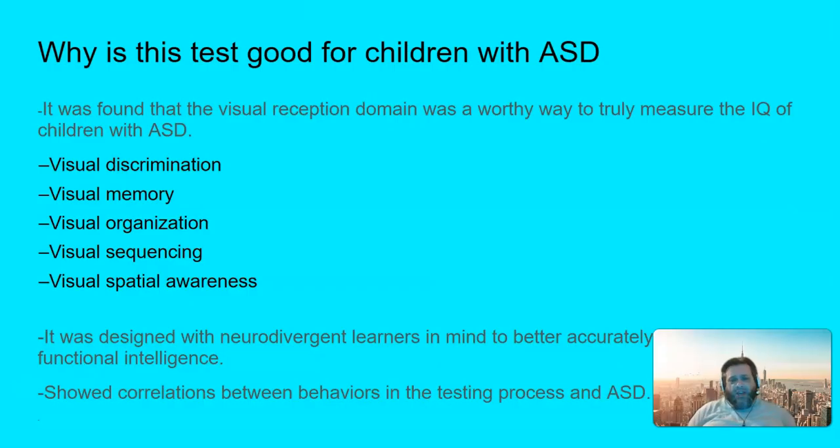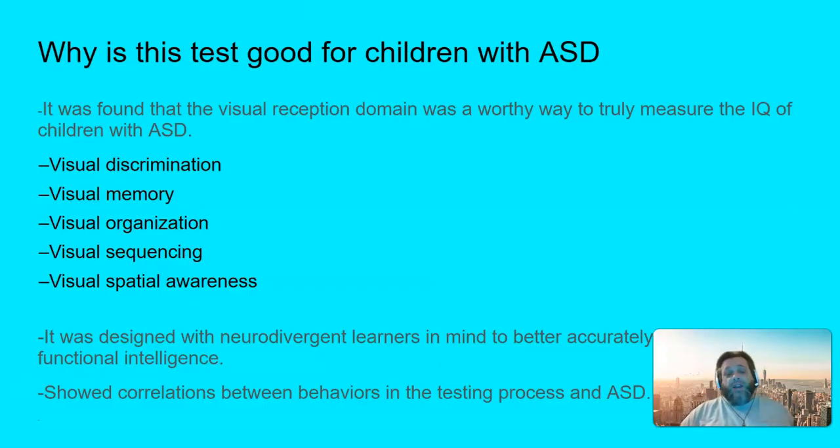And why is this a good test for ASD children? It accidentally became that from one domain, the visual discrimination, which covers visual memory, visual organizing, visual sequencing, and spatial awareness. It's good for them because a lot of autistic learners don't really process language too well, or just tune out and don't pay much attention.